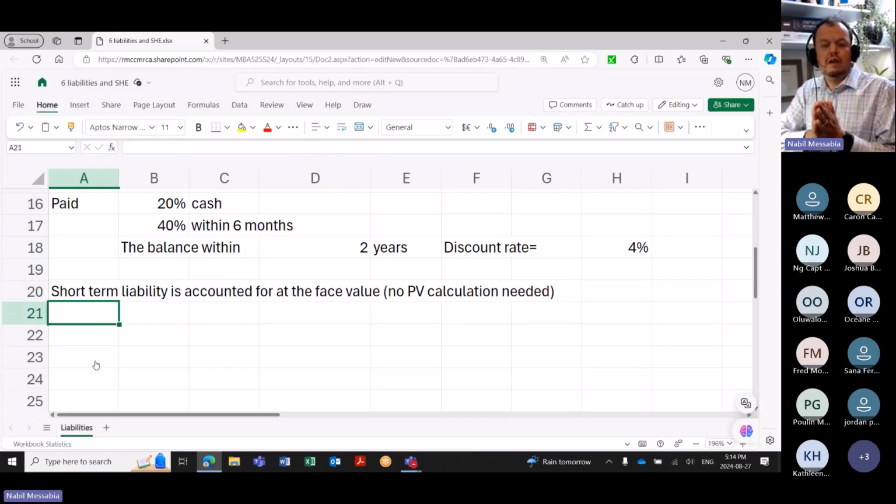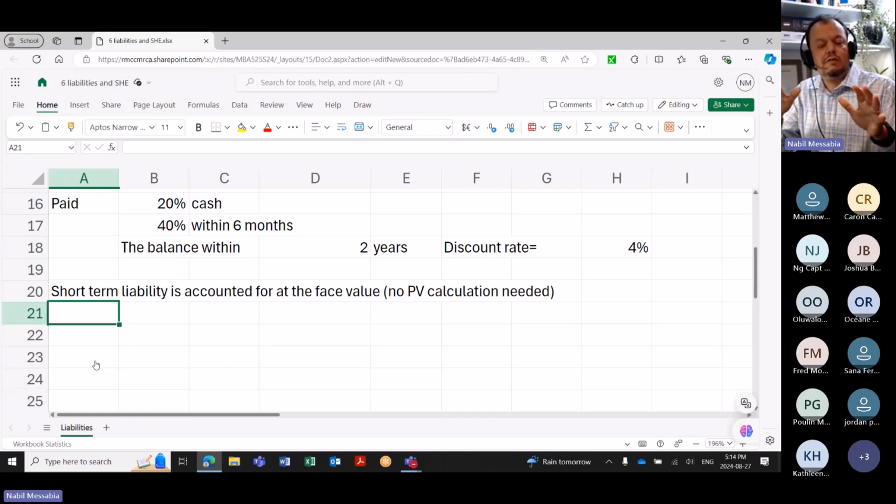Whenever you have a liability, an account payable for less than 12 months, we presume the underlying assumption here is that the dollar did not lose value in the meantime, which means $1 today is equivalent to $1 within 6 months by assumption, even if it is not correct in reality, considering inflation and many other considerations.